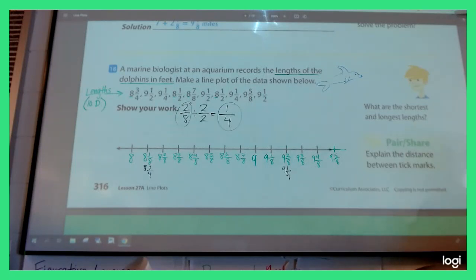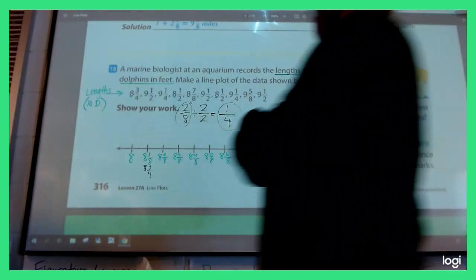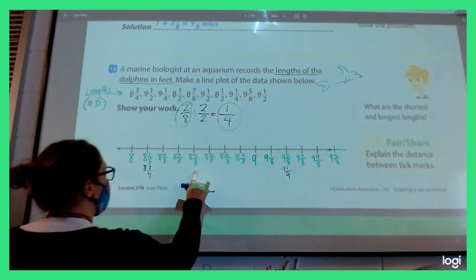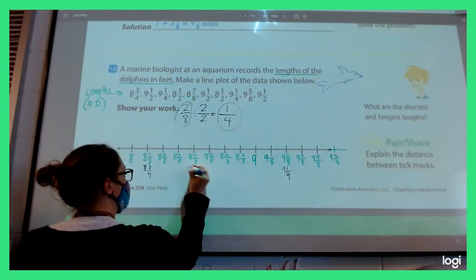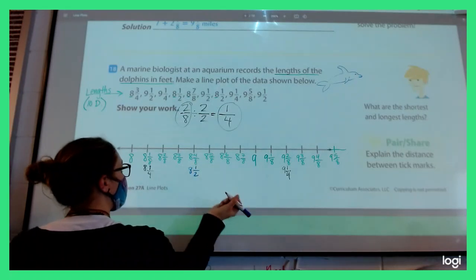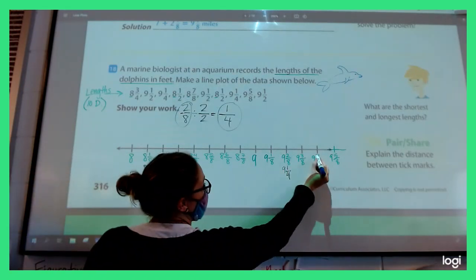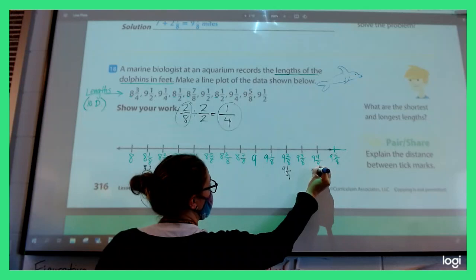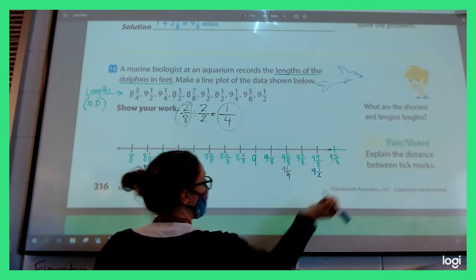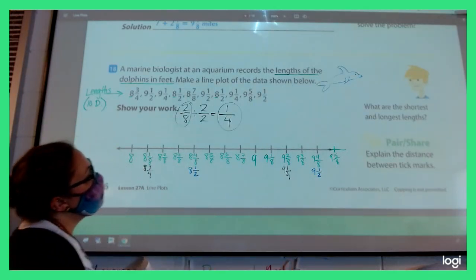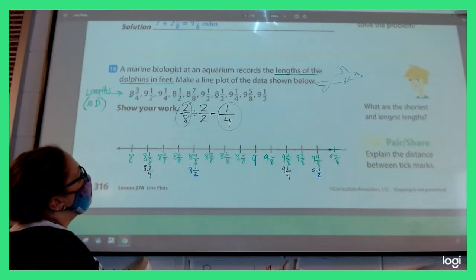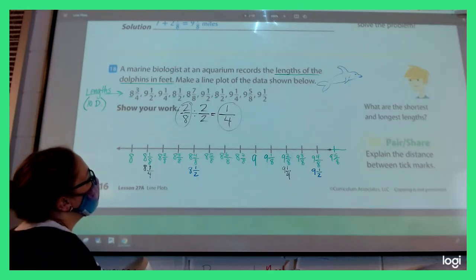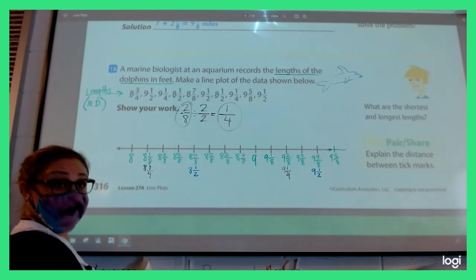So just make logical sense of it in your brain. So anywhere where we have 4/8, we could also say that's the same as 8 and 1/2. There's another one up here. 9 and 4/8 is exactly the same as 9 and 1/2. Is 4/8 equivalent to 1/2? It is. Yep. Very good.